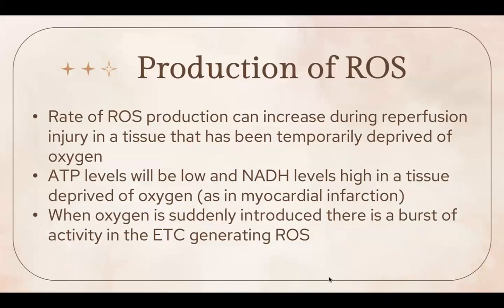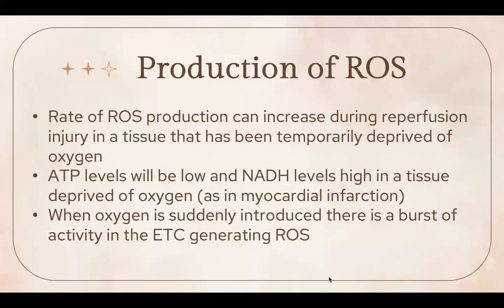Now the patient has chest pain, you give them medication, you open up the blocked vessel, and so now the blood flows, right? So the time the blood was stopped and the heart tissue was not receiving any blood, it also meant that it was not receiving any oxygen, right?